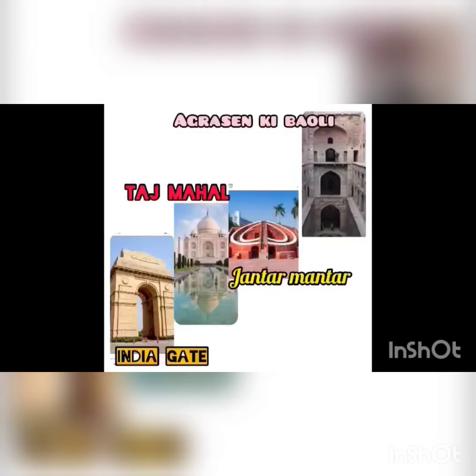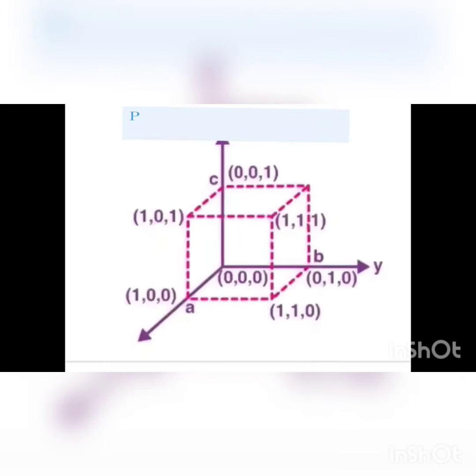So come, let's have a look at them. These beautiful monuments like the Taj Mahal and India Gate, which are said to have the most beautiful architecture, also involve 3D geometry. In 3D geometry, the position or coordinates of any point in 3D space is measured by how much it has moved along the x, y and z axes respectively.